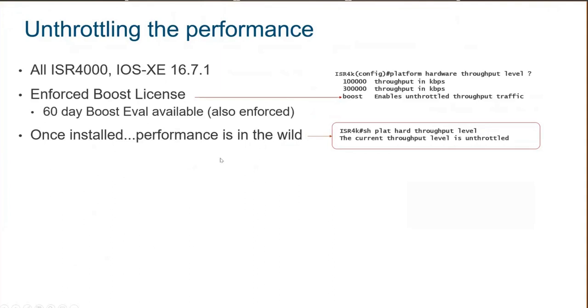One more thing: the boost performance that we say here, the unthrottled performance, is only for the CEF throughput. If there are any features that need processor intervention, like IPsec or crypto traffic, in those cases the throughput will be lesser. For complete CEF traffic, we can expect unthrottled performance.